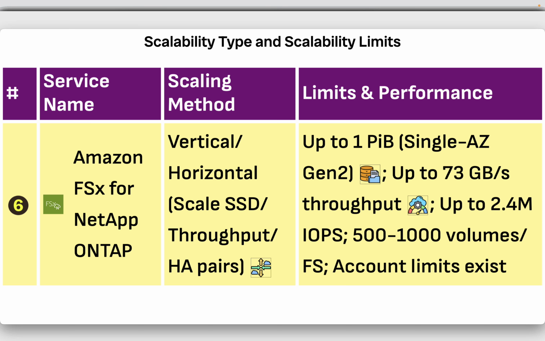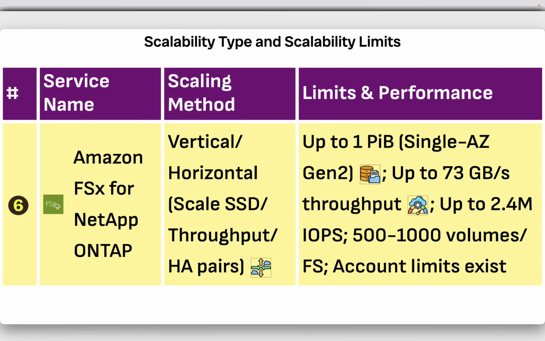Next, Amazon FSx for NetApp ONTAP. For scaling, there are two types, both vertical and horizontal. You can scale SSD, you can scale throughput, or you can have high availability pairs. Some limits: up to 1 PB is the storage limit for single AZ Gen 2.